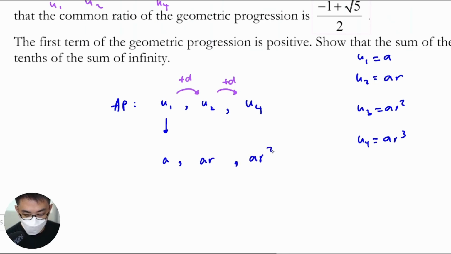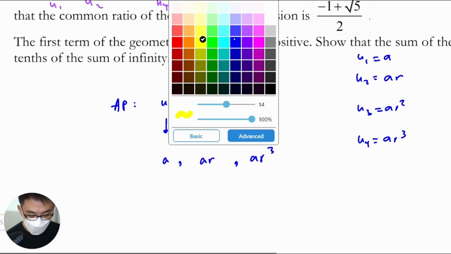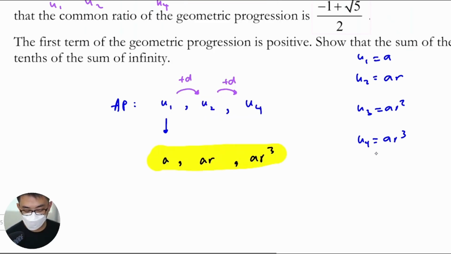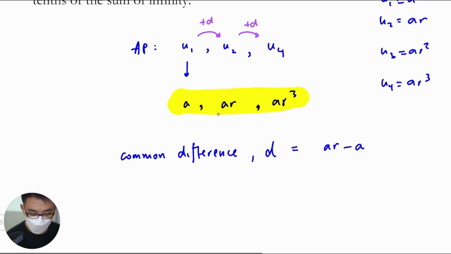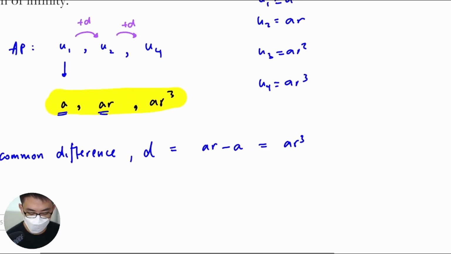Once you get that, you realize that this is actually an AP, because you just take terms out from the GP, and it's told to you. So what we can do is that we know the common difference D will be AR minus A, this minus this, and also this minus this: AR minus A and AR cubed minus AR.